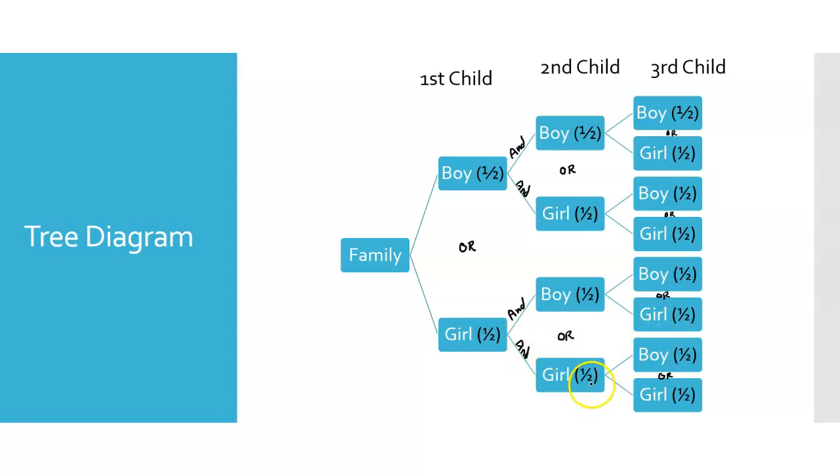So each one of these branches is an and statement in between our or statements. And this is going to come in handy in terms of us writing out our probability distribution. Remember, and is multiplication, or is addition.